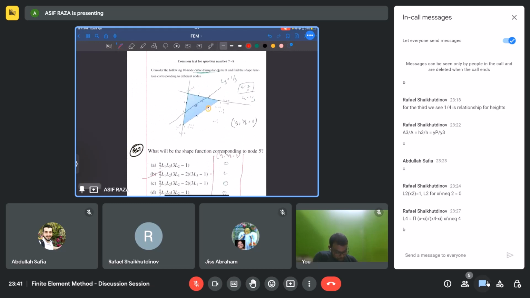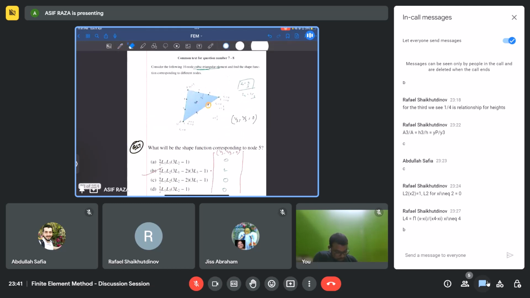Let me draw those lines. L1 equal to 0 is this line, L2 equal to 0 is this line, L1 is equal to 2 by 3 is this line, and L3 is equal to 1 by 3 is this line.